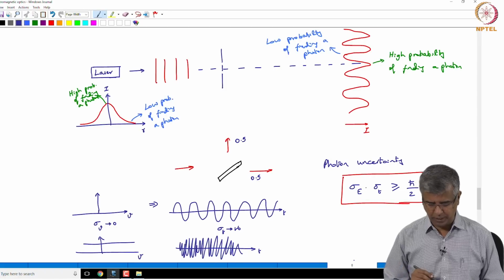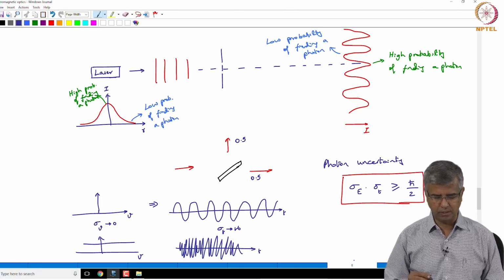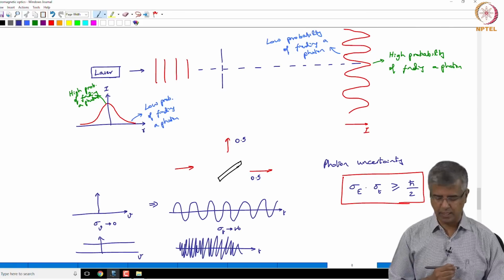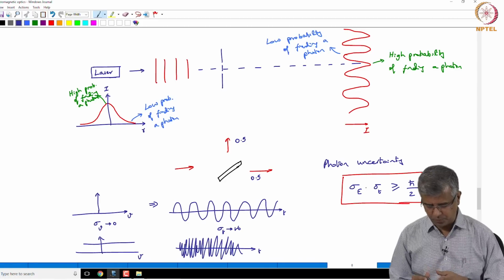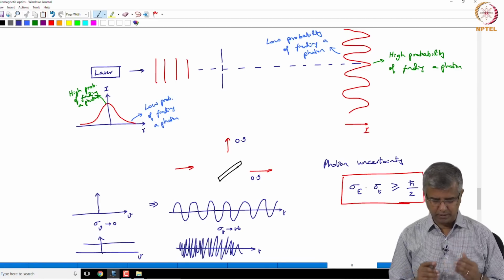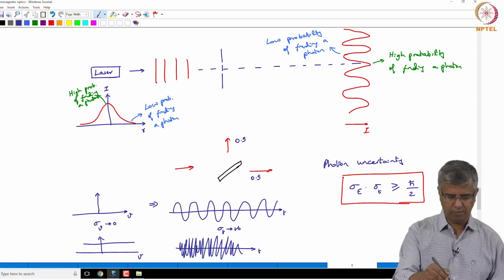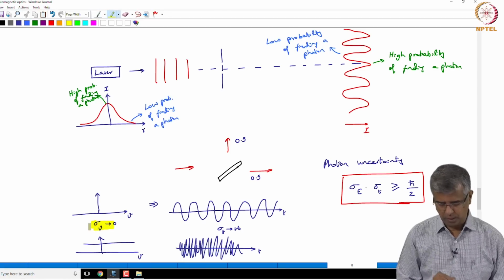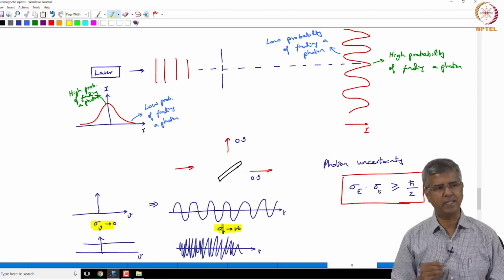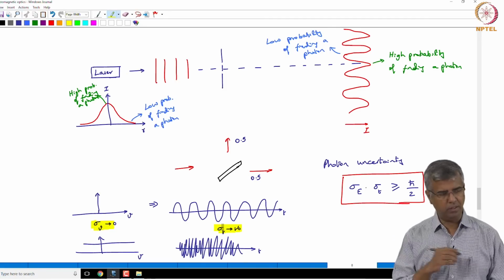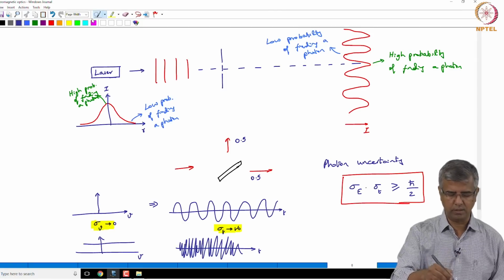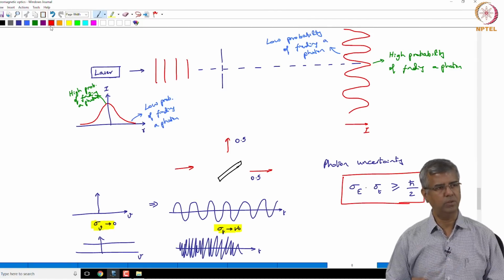But before we go on, I wanted to clarify something that was pointed out after the last session. Somebody pointed out that this part is very clear: we have a monochromatic wave, and to characterize that monochromaticity you have to observe for infinite time. But the converse was not as clear.